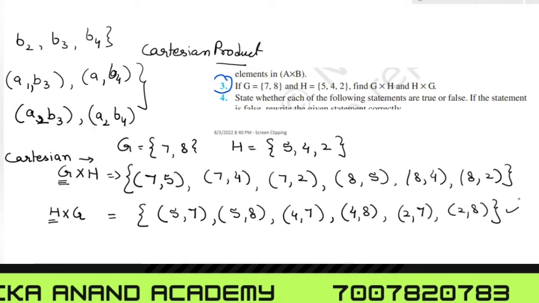Do you understand or not? Hello? Yes, ma'am. Clear? Concept is clear or not? So you can see that G cross H is not equal to H cross G. Okay? This is the Cartesian product.